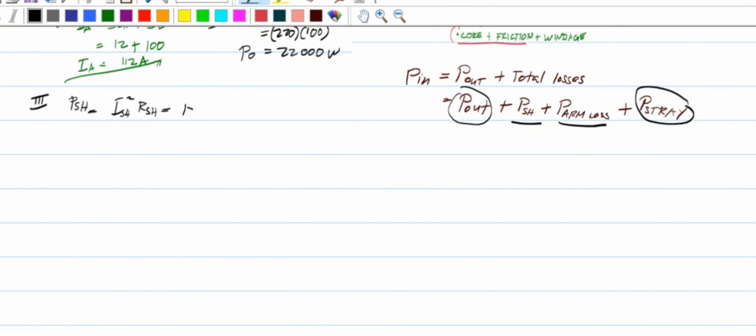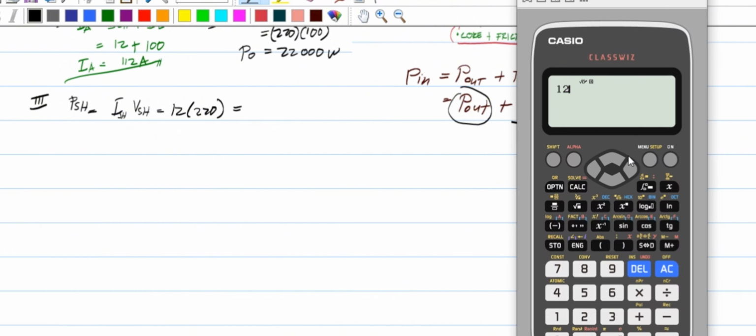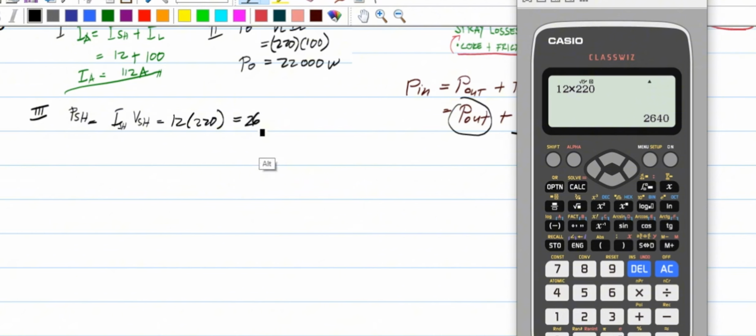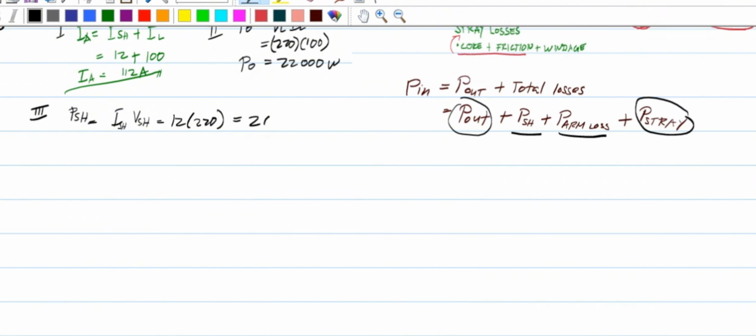Or, equivalently, ISH times the voltage across the shunt, which is VL. From the given, we have 12 times 220, which is 2640 watts.